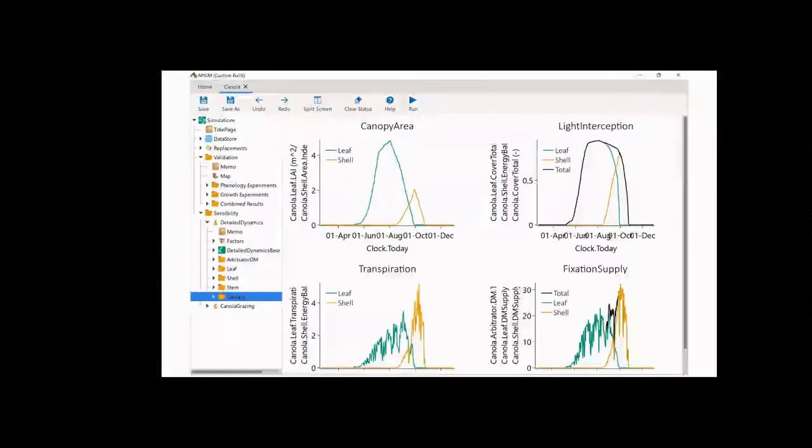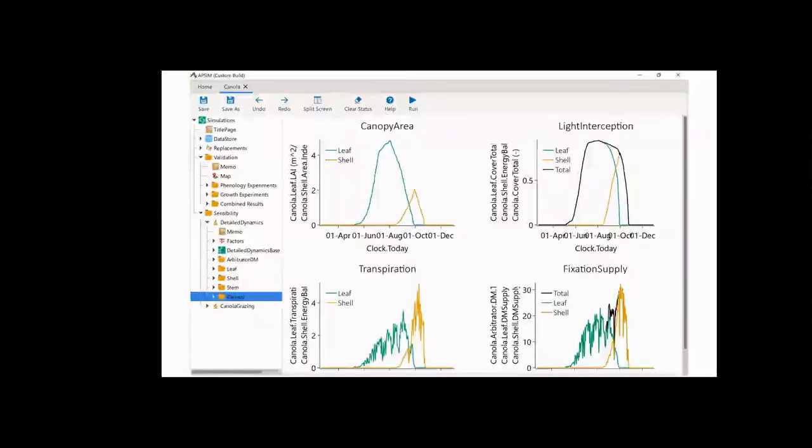Then for each of the main above ground organs, leaf, shell and stem, there are graphs that demonstrate the growth and senescence of the various organs and the retranslocation of N in and out of those organs, and then reallocation to either senesced mass or retranslocation.